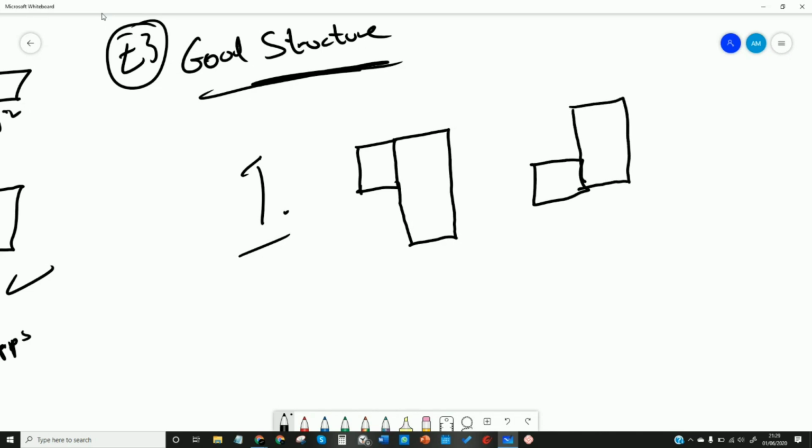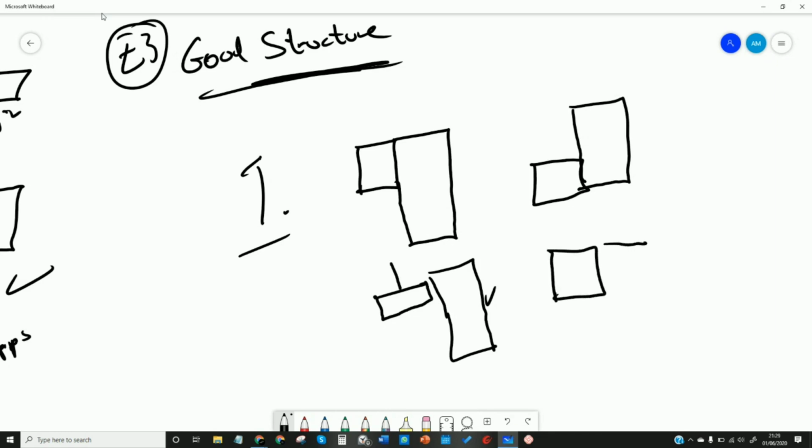Now, is this structure something that I could play to the downside? Yeah, of course. That can work. That can work really well.